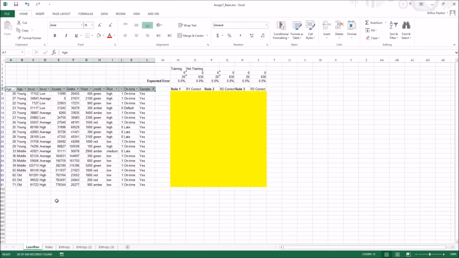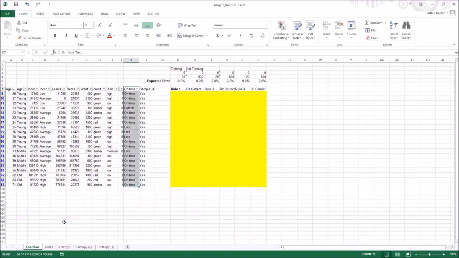So the first thing we need to do is decide which one of our variables, our age categorization, our income categorization, or our credit risk categorization, is best predictive of this on-time variable that we have here. So we're trying to figure out how we can predict on-time loans based on these other variables.